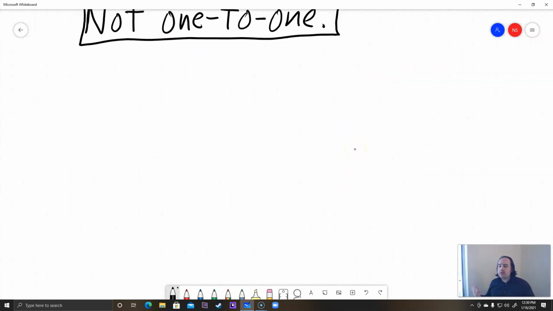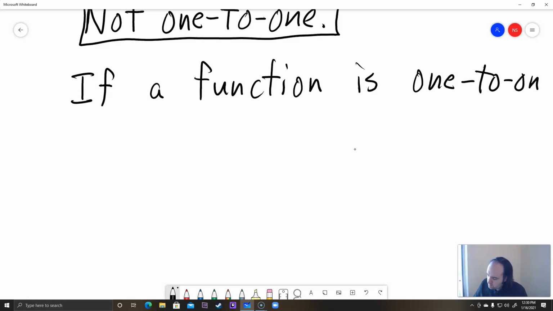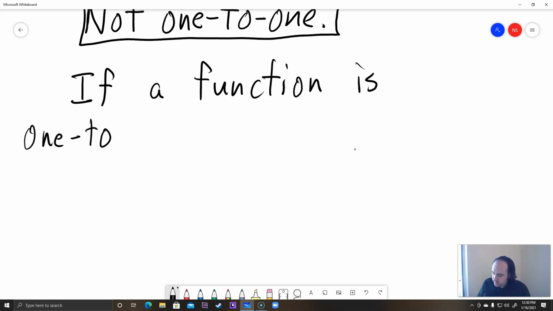Okay, so now why are we learning about 1-to-1 functions? Why are they important? Well, if a function is 1-to-1, then it has what's called an inverse function.